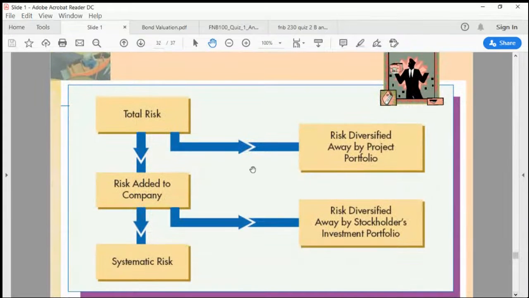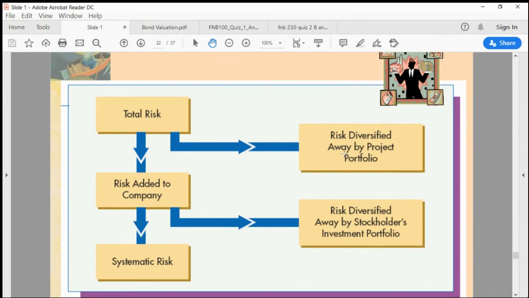So this is a diagram that shows total risk comes from systematic risk and the non-systematic or diversifiable risk, right?